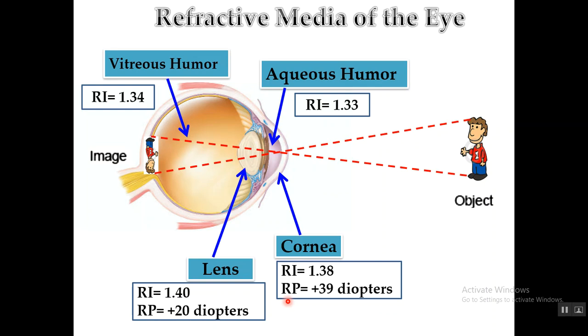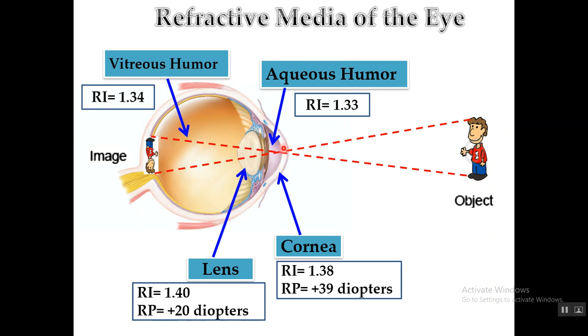About 70% of the refractive power is due to the cornea, and 30% is due to the lens. Again, when the light comes from a medium with low refractive index like air to a medium like the cornea which has a high refractive index, it will be converged to the focal point.